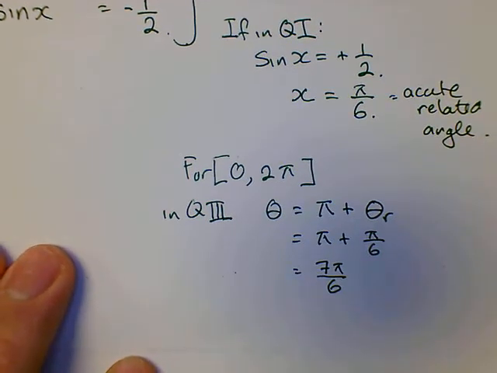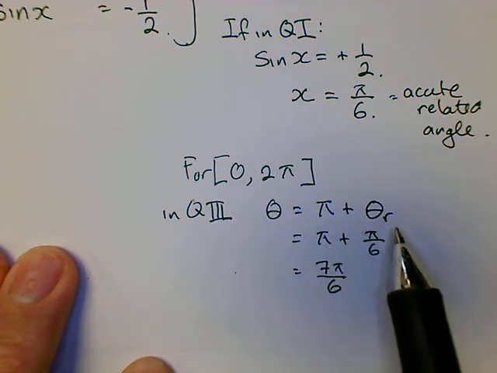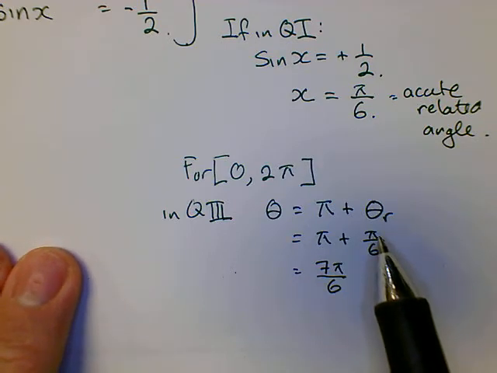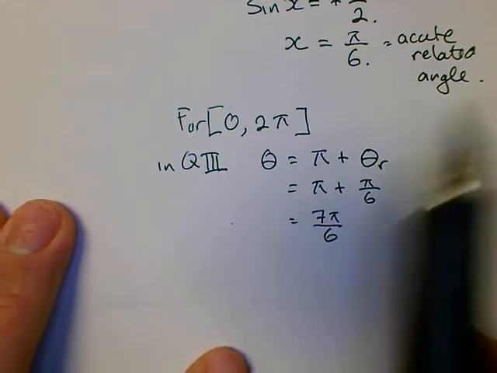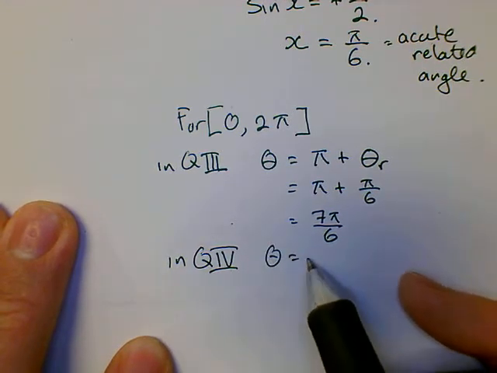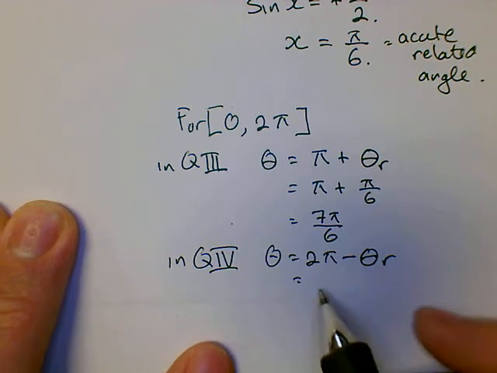What about quadrant 4? What would my formula become? 2 pi minus. Yeah. So I'm just using CAST rule here.